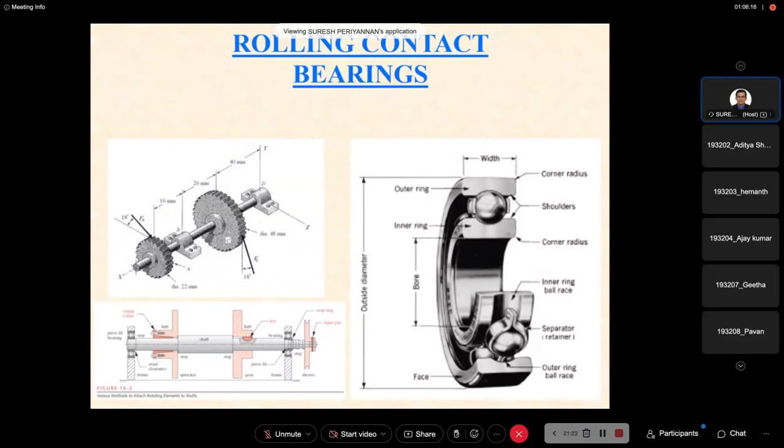There are majorly two types of bearings: one is rolling contact bearing, another is sliding contact bearing. Maybe for the next three to four lectures we are going to discuss only rolling contact bearings. So now I come to the rolling contact bearings.